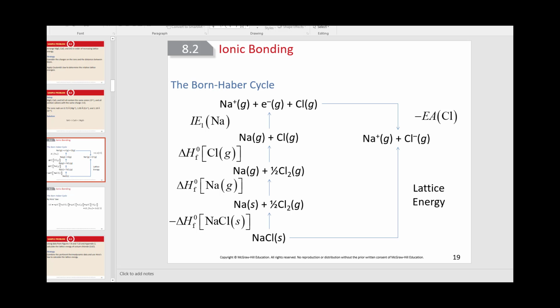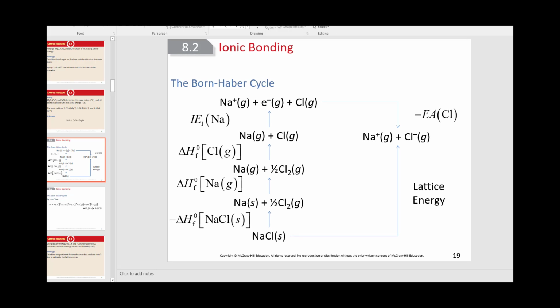In the Born-Haber cycle, you start again down here with your solid compound, and at the end of the cycle you have the 2 ions charged. There are 5 processes they go through. The first process is going to be breaking apart into the individual elements. In chapter 5, what did we call the energy it takes to make a compound from its elements?